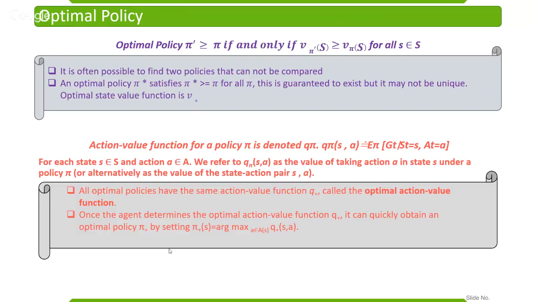And then we have the action value function for a policy pi, which is denoted by Q, and the Q value that we calculate for a state S and action A will again be summing up your cumulative rewards for each state and action pair.